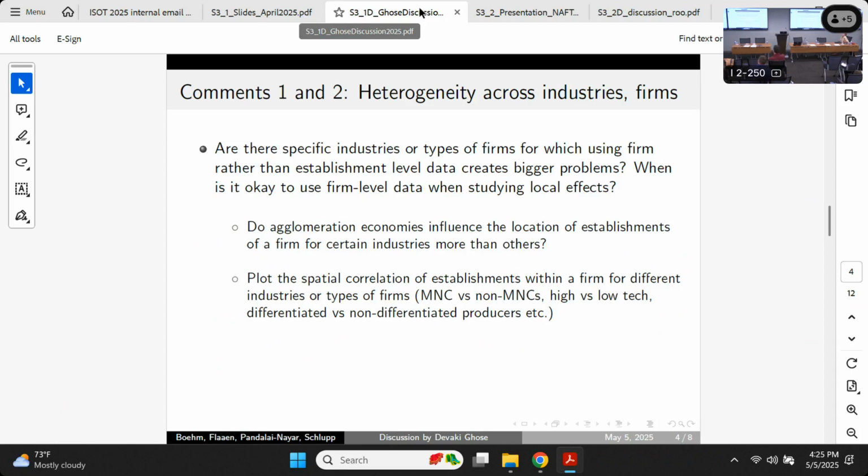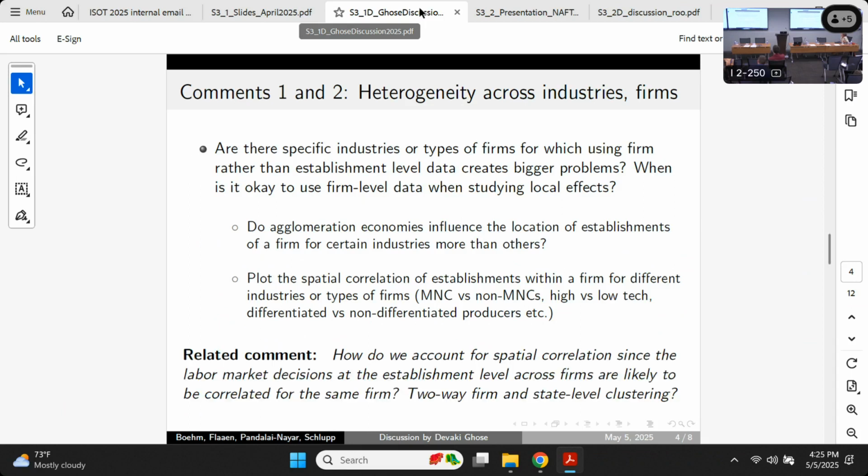Like, can we say that maybe there are certain industries where firms are so agglomerated that they're basically having all of their establishments in certain counties? So for these industries, actually using the firm from the customs data is not that bad. So are there certain types of industries, like high versus low tech, or which are producing more differentiated goods? Maybe for some of these industries this is not that big of a problem. I'm just speculating, but it would be really nice if there could be some discussion on this.